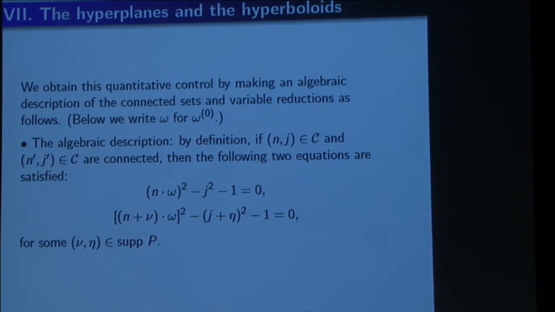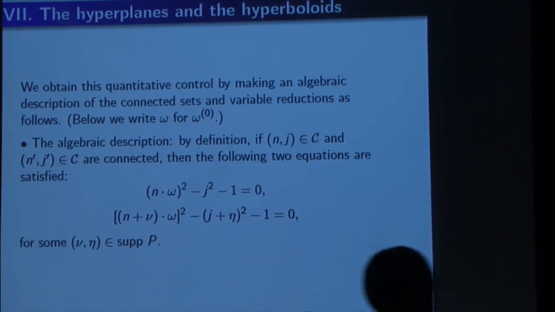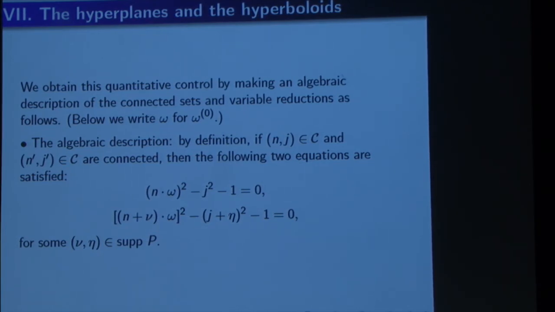Now, this brings us to the hyperplanes and the hyperboloids. We obtain this quantitative control by making an algebraic description of the connected sets and variable reductions as follows. It's algebraic because these are algebraic surfaces, right?